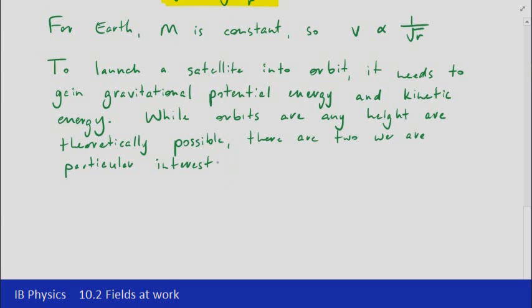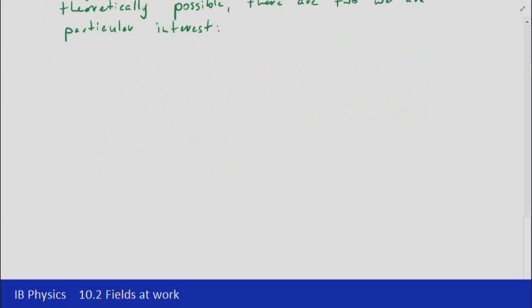The first one that we're interested in is known as a polar orbit. Now that name is slightly misleading. It's not always going to be that it passes over both the North and South Pole, but generally speaking that's the way you'd see these orbits happen for satellites around Earth. They're usually going to pass over the poles, which is why we get the name polar orbit.